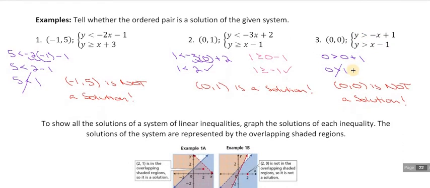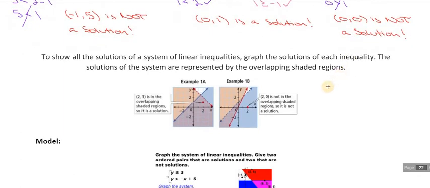All right, so let's take a look at, graphically speaking, how we can represent our solutions. To show all the solutions of a system of linear inequalities, we need to graph the solutions for each linear inequality. There are going to be many, many solutions. The solutions are represented by the overlapped shaded regions.